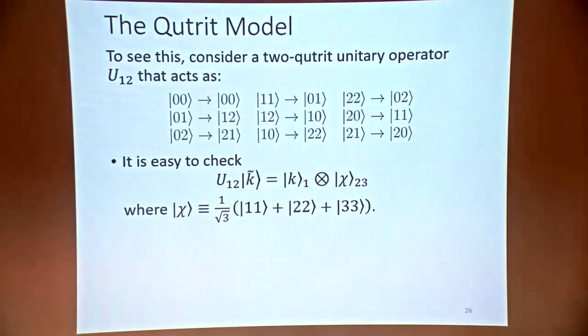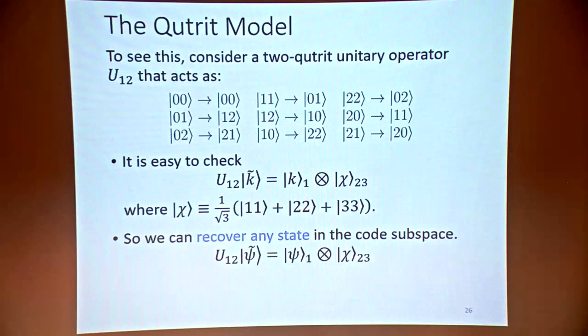So it's a homework problem to check that if I act U12 on the state k tilde, I'll simply decode the state and put k into the first qutrit, and get some universal state chi in the remaining qutrits. Chi is written in this way. It's not terribly important. The important thing is chi is independent of k.